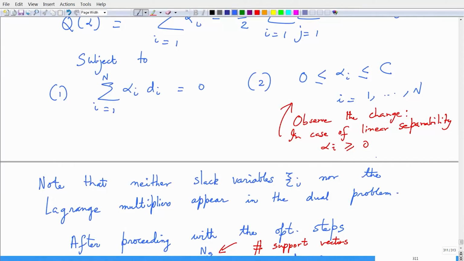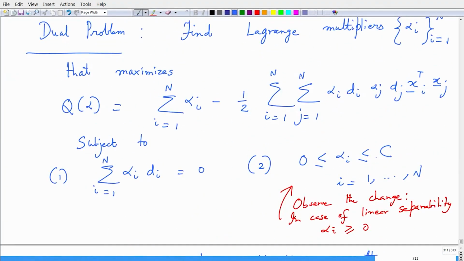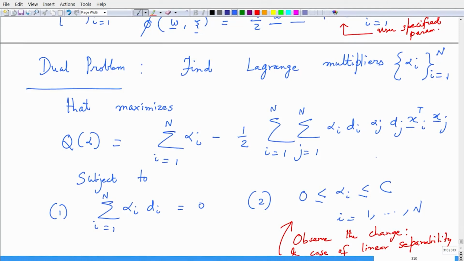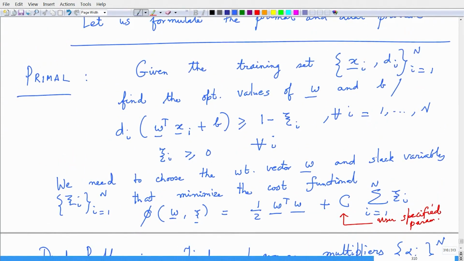So, what is important conceptually in our discussions, of course, I deliberately avoided a lot of derivations in this module because this will be exercised as part of your homework.